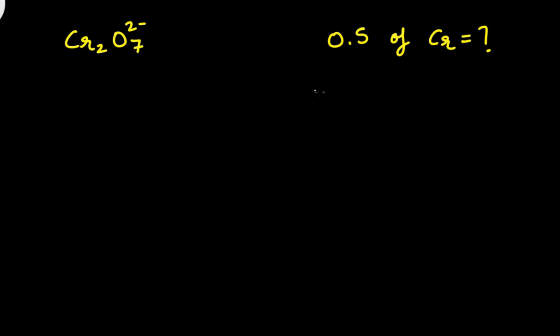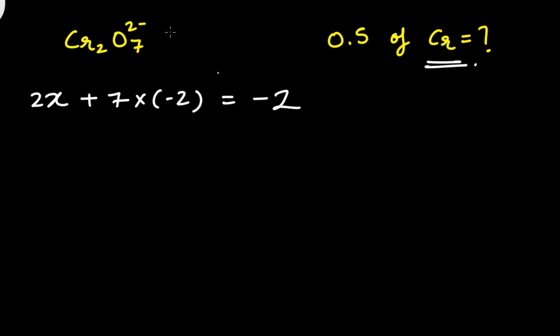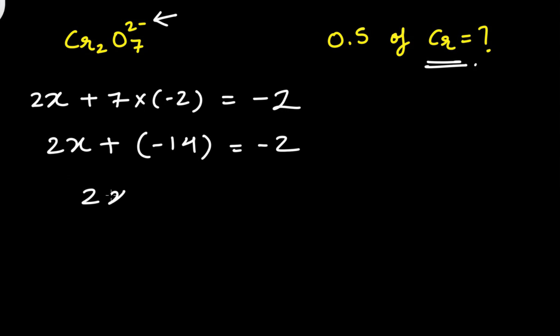Cr2O7 2 negative. Here you have to find the oxidation state of chromium. You will write 2x plus 7 into -2 is equal to -2. Why? Because the overall charge is -2. 2x plus -14 is equal to -2. 2x is equal to -2 plus 14. 2x is equal to +12.